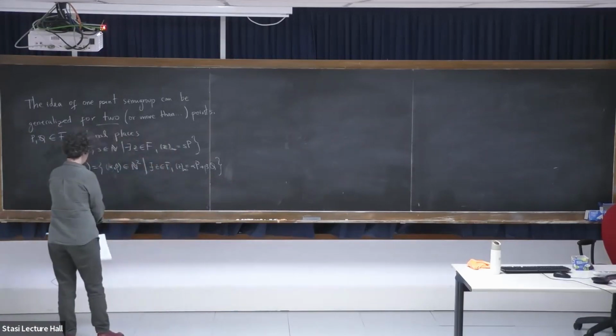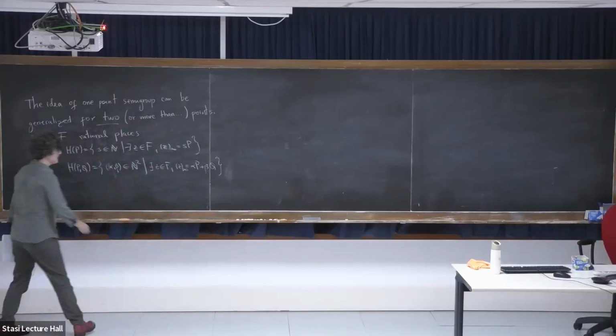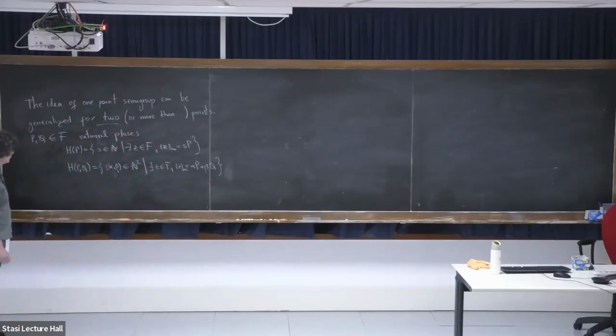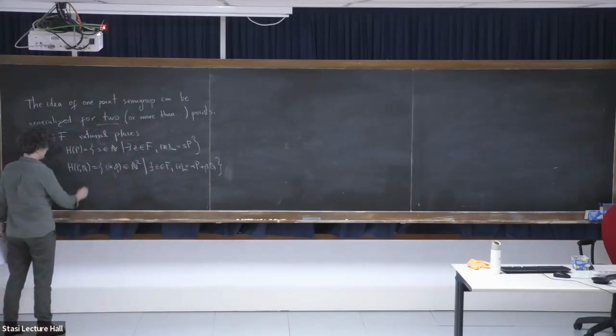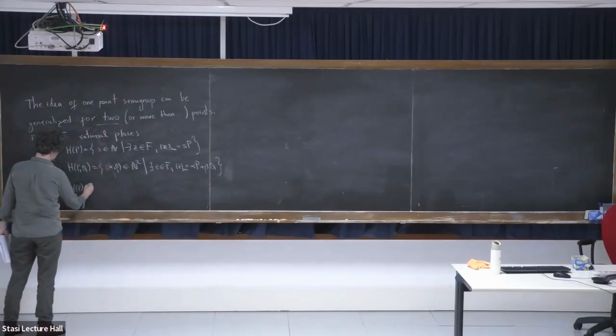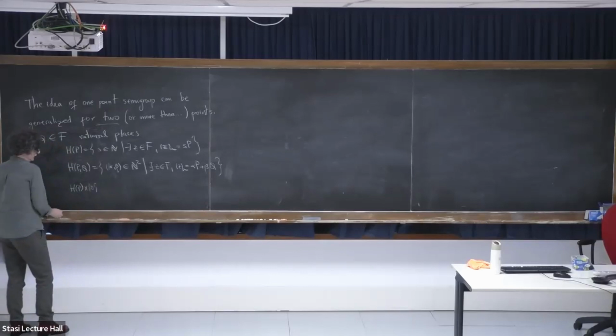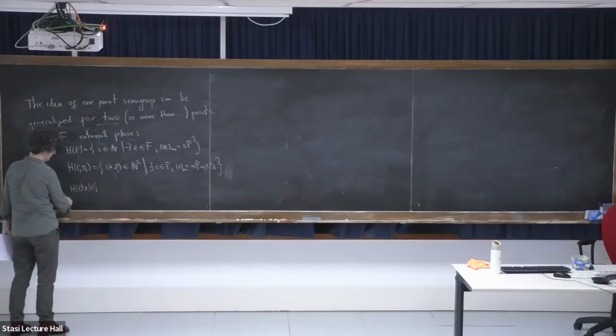Okay? So if you have interest in this, so we have this. And notice that by definition, we always have that if I just take beta equal to 0, this guy is going to be contained here.